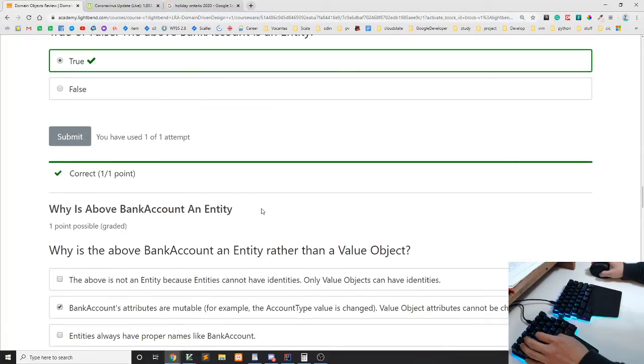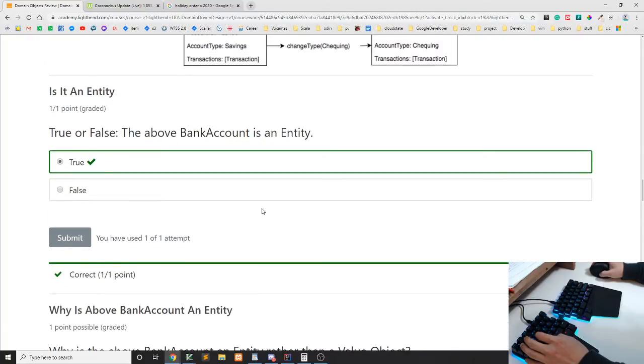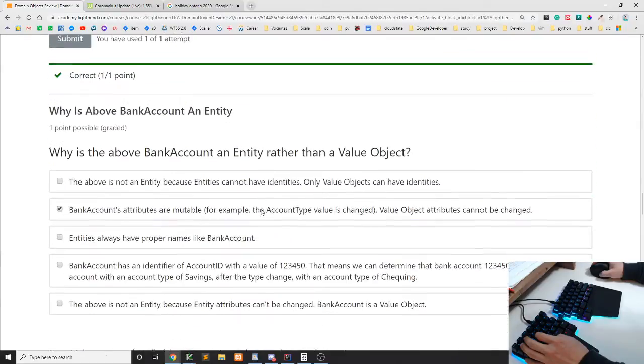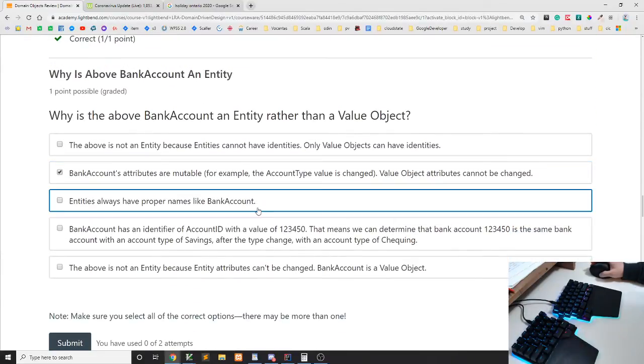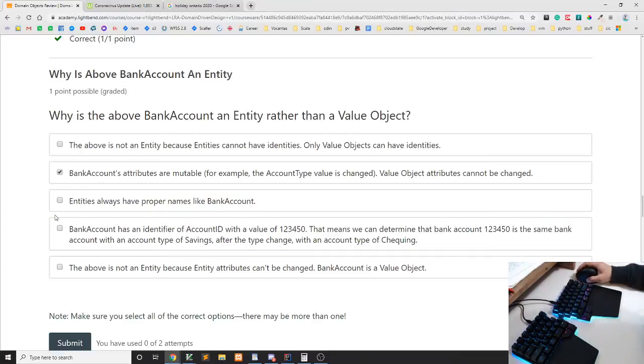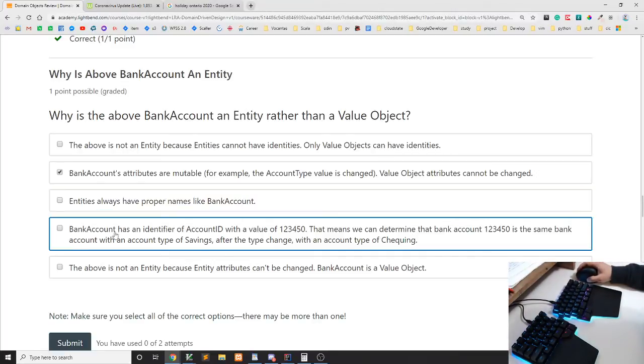What does that mean? I'm not sure about that. Bank account has an identifier of account ID with a value of 123450.